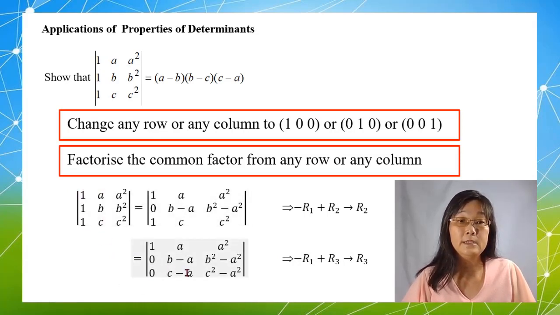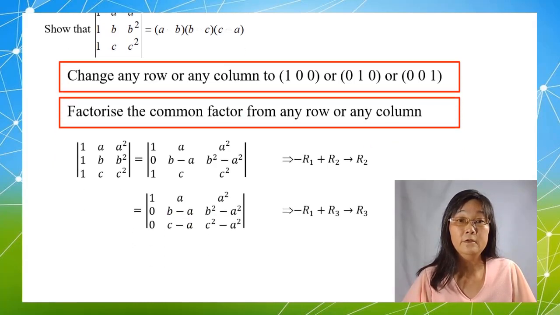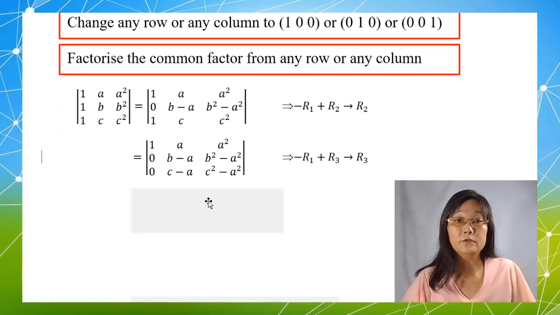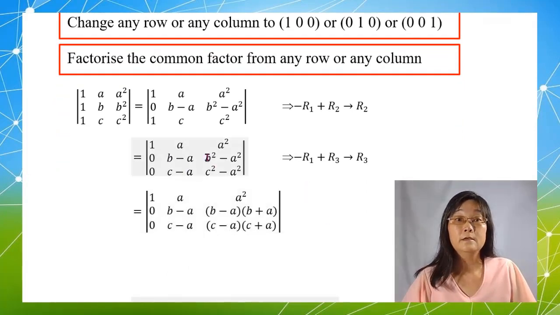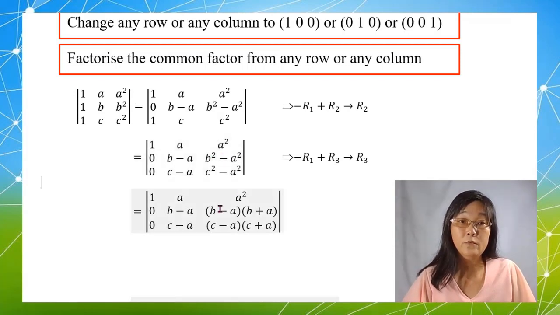Negative A plus C is C minus A. Negative A squared plus C squared is C squared minus A squared. After finishing, I find that the second technique is applicable, where I can factorize B minus A. But before this, I need to factorize B squared minus A squared into (B minus A) multiply (B plus A).